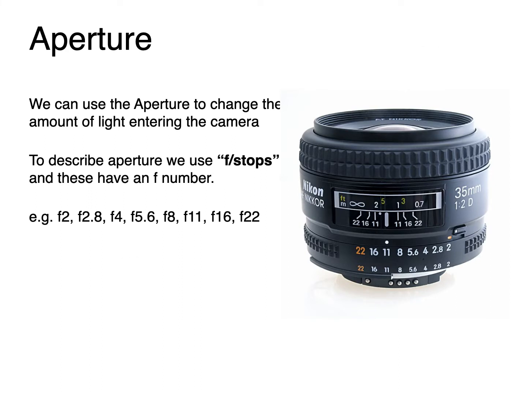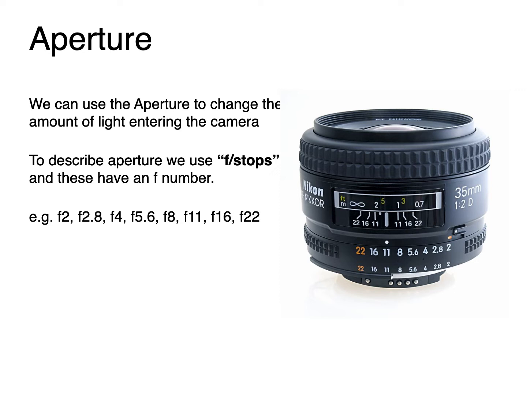Then moving to aperture. As I said, the aperture is the element which controls the amount of light falling into the camera, onto the light sensitive medium. We can use the aperture to change the amount of light entering the camera.